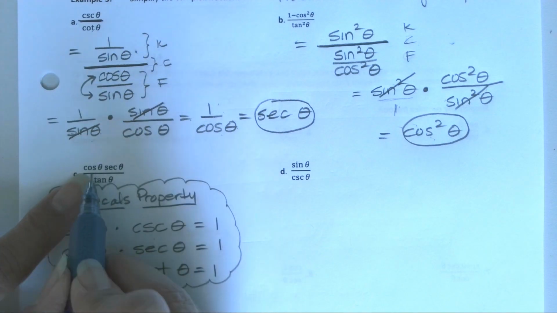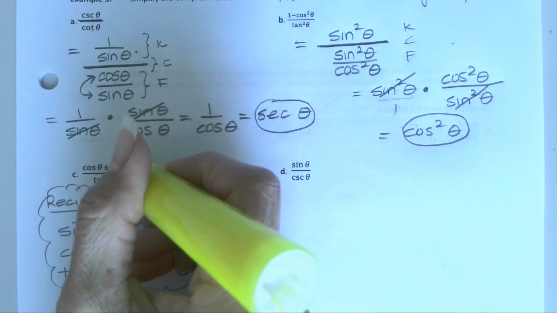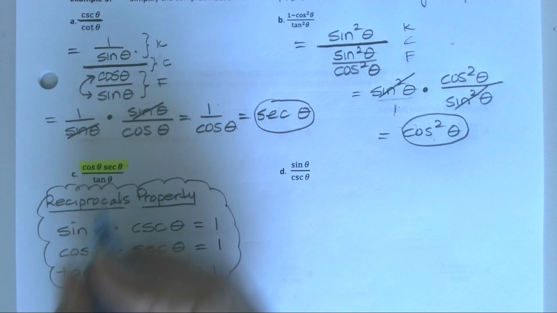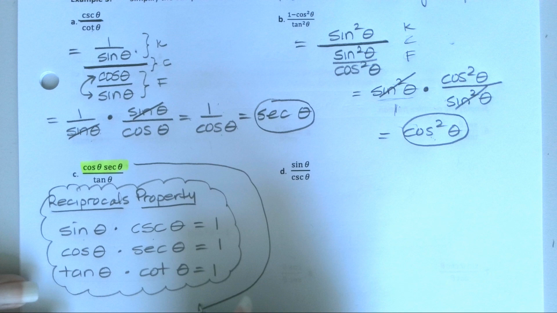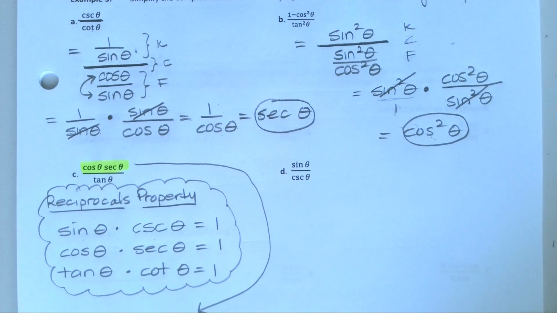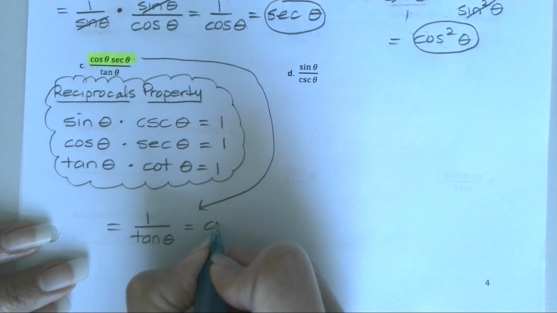But if you notice right off the bat, when you look at a problem, that two reciprocal functions are side by side one another, what can you replace that highlighted term with? A 1. Very good. So I can take that highlighted thing and say, oh, well, that's just a 1 over a tangent. And what is 1 over tangent? Cotangent, and you're done. Okay?